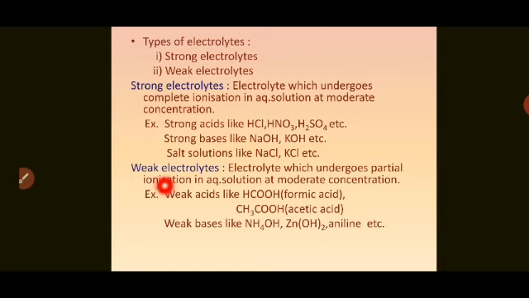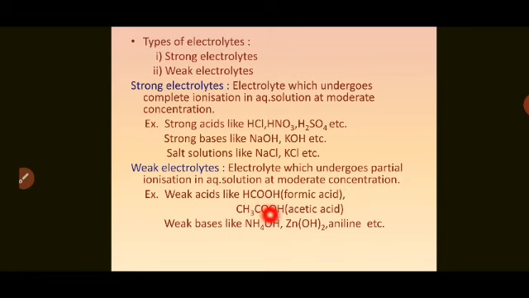Whereas weak electrolytes are electrolytes which undergo partial ionization, partial meaning not complete. Some part gets ionized, some part remains as it is in aqueous solution at a moderate concentration. Examples: weak acids like formic acid, HCOOH, or acetic acid, that is CH3COOH.